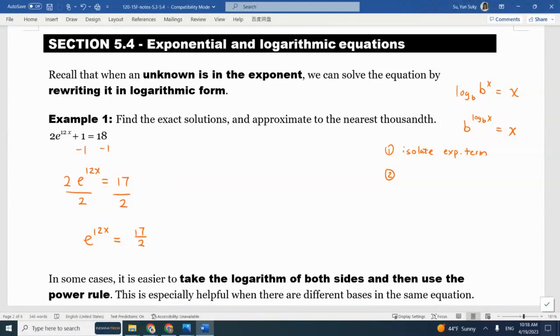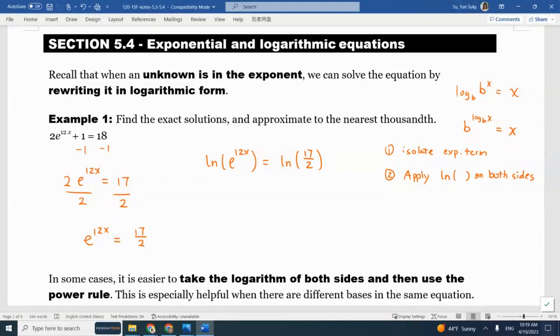Okay, now how do we get rid of the exponential term? You know, the exponential function and the log are inverse functions. So we apply log on both sides. Okay, so we apply ln on both sides. So we get ln of e to the 12x equals ln of 17 over 2.